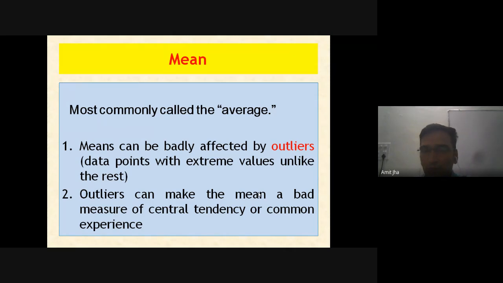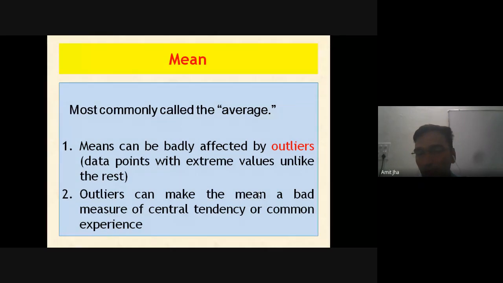So what are outliers? When we have a data set, there are sometimes some extreme values. For example, if we talk about the marks obtained by students in a particular class, then most of the students, if it is an average class, will score say 50 to 60%. But there may be some students who might be scoring 100, 98, or like that, and some may score 2 or 3. So these extreme values, unlike the rest, are called outliers.